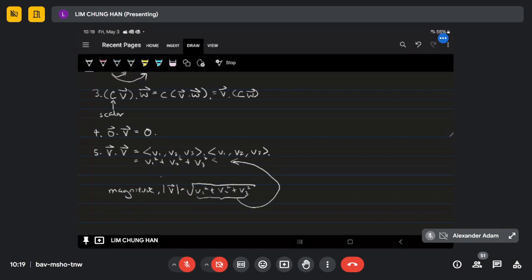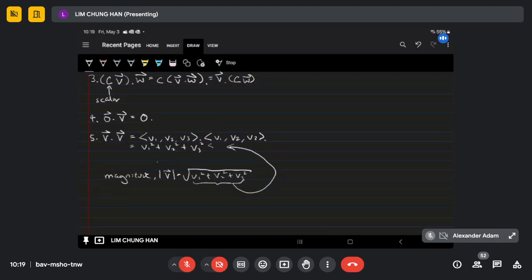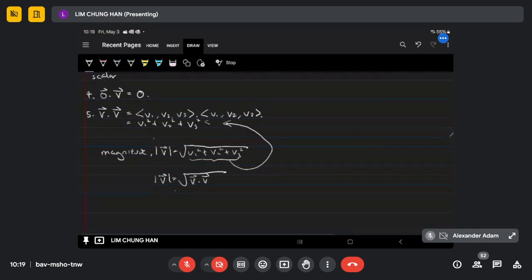So what you can actually do is say the formula for magnitude is the square root of the dot product of the vector times itself. Or you can rewrite it as the magnitude squared equals this times this.